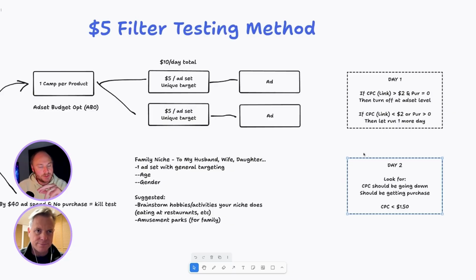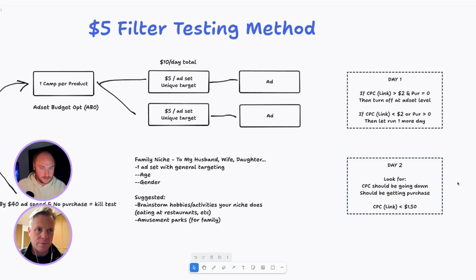So you're going to let this run all the way to the end of day 4, when you will have spent about $40, as long as your cost per link click is within range. And by the end of that, if you don't have a purchase, you kill it. But there is an exception.